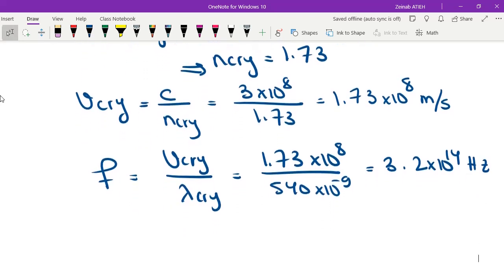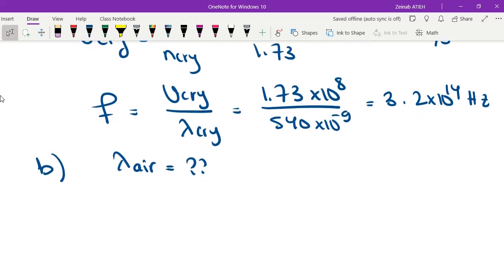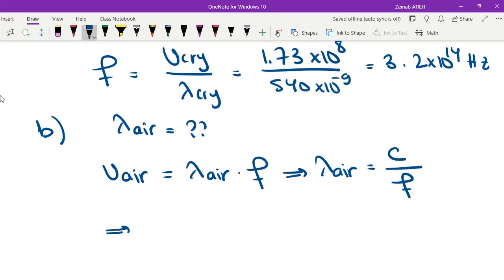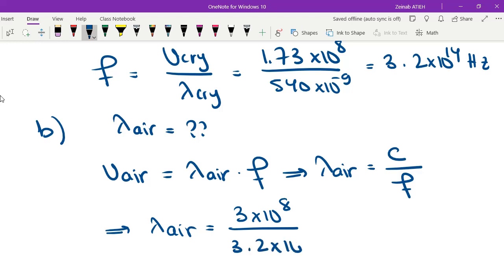In part B he asked for the lambda in air. Well, I found the frequency, and this frequency is true in air and true in the crystal. So in this case, V in air is C. Okay, lambda in air relates to V in air and the frequency, so I can find lambda. V in air is equal to lambda in air times F, same F. So lambda in air is equal to V in air, and V in air is C over F. This implies lambda in air is equal to 3 times 10 to the power 8 over the frequency we found, 3.2 times 10 to the power 14.